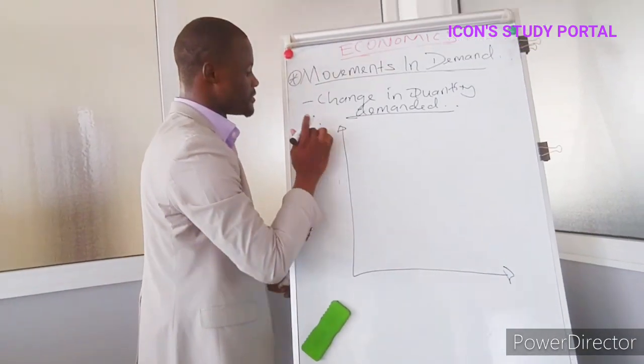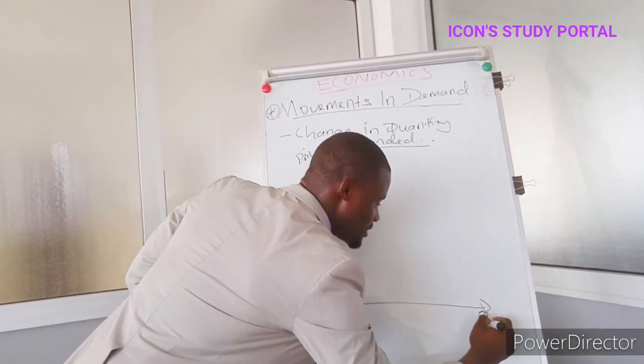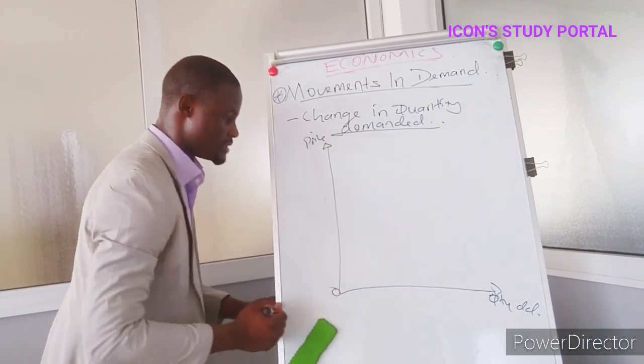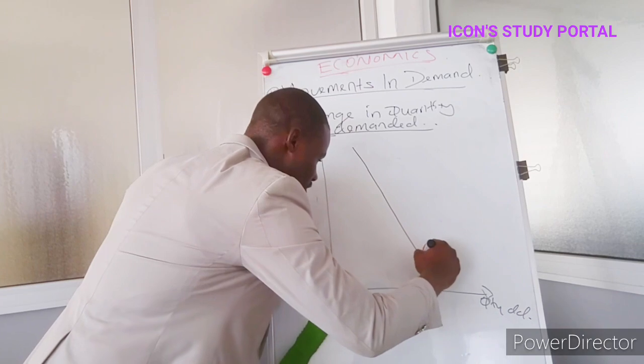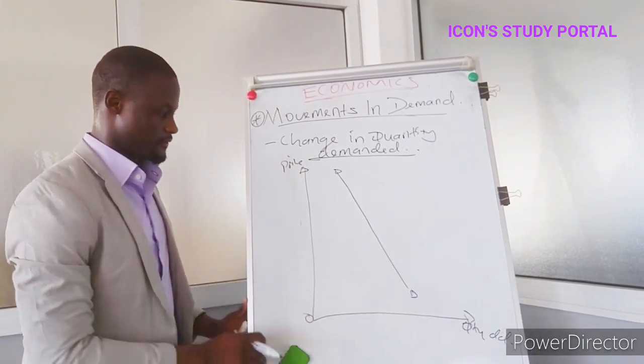Here we have price on our y-axis, and here we have quantity demanded on our x-axis, with the origin at 0. Now we have our initial, or original, demand curve.